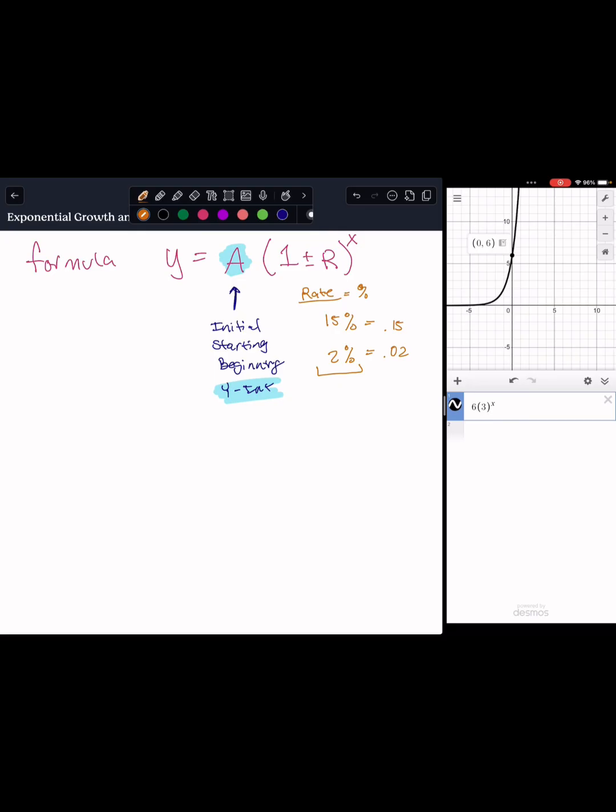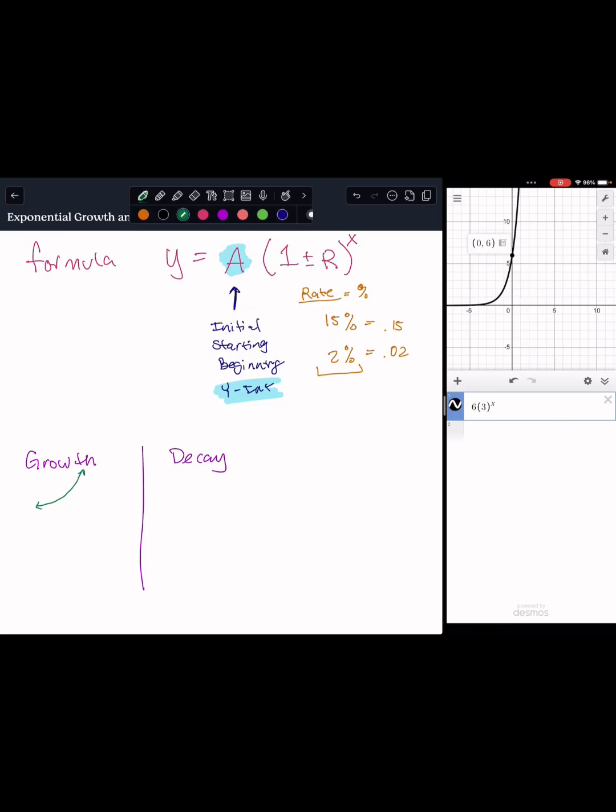Now, let's put this all together. Inside the parenthesis, your rate is always going to be 1 plus your percent or 1 minus your percent. It all depends on if it's a growth or a decay. Growth graphs always look like this, because when you look at them left to right, they're increasing.